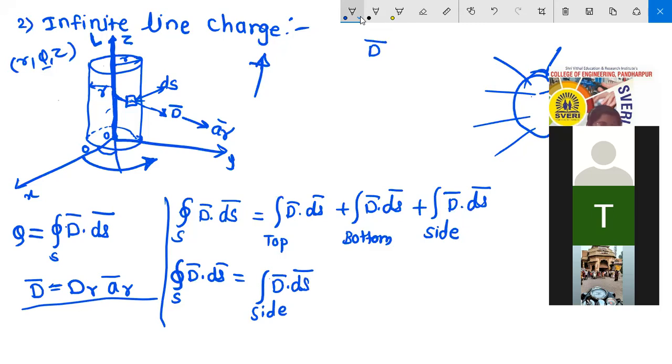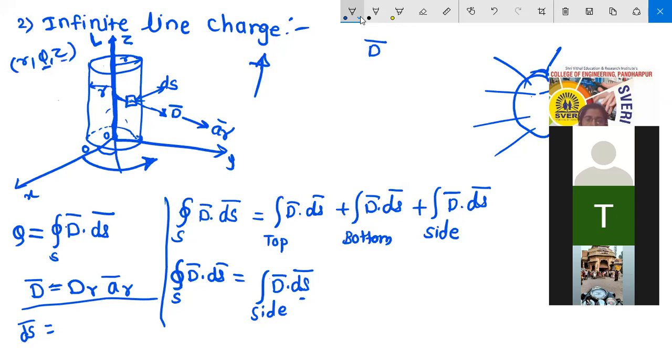Now when we are considering this side surface, D bar is equal to D_r a bar r, but we have to find here dS bar. This dS bar can be given as, if your r is constant, meaning phi and z are present, then tell me what is the differential length for phi?